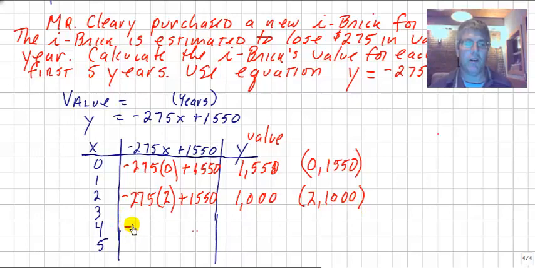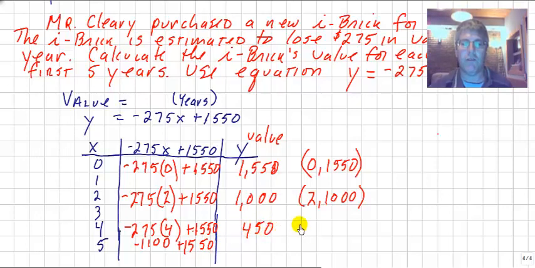Let's skip to 4 years. Again, I think you'll get the hang of it, and you can do the other 2 years that I don't complete. So 275 times 4 is 1100. So that's a negative 1100 plus 1550, which gives my iBrick a value of $450.